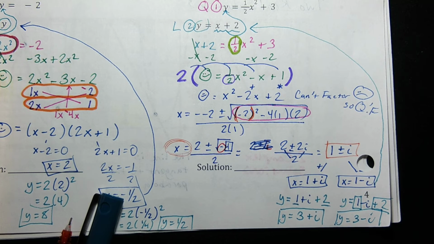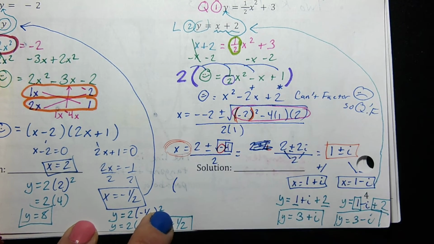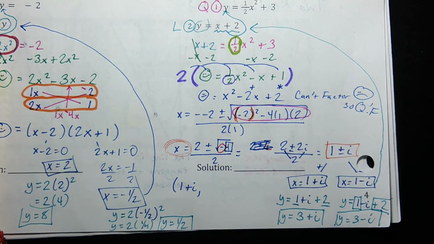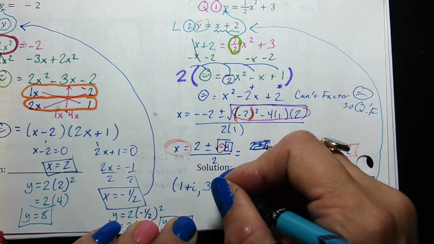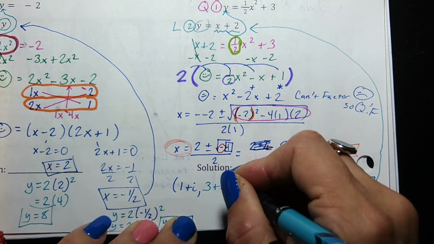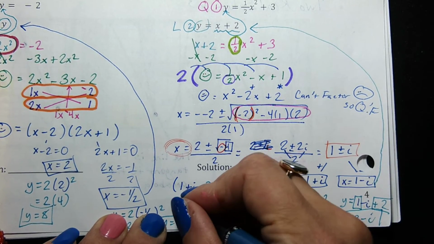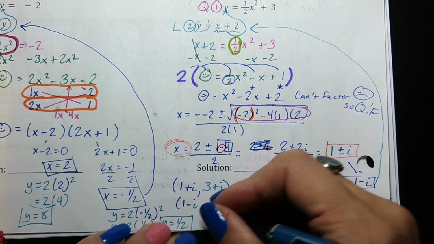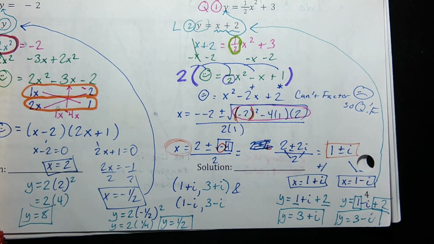So my solutions, my coordinates, are going to be 1 plus i, 3 plus i, and 1 minus i, and 3 minus i.